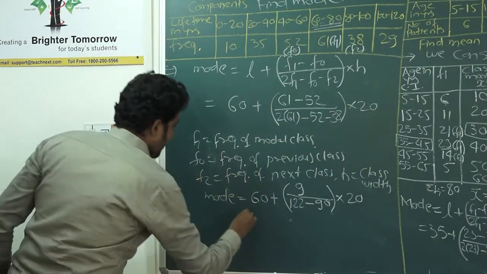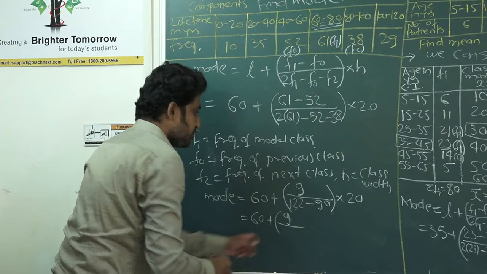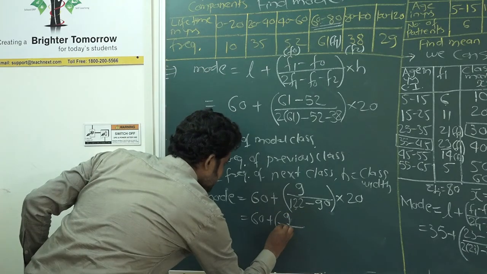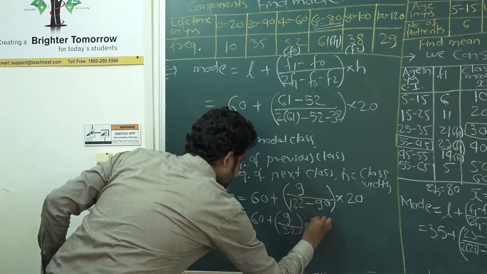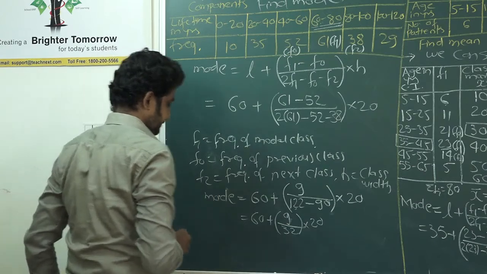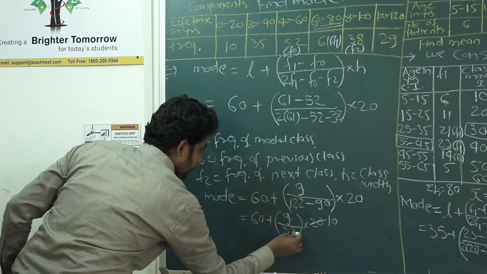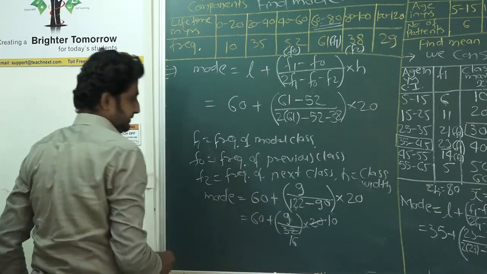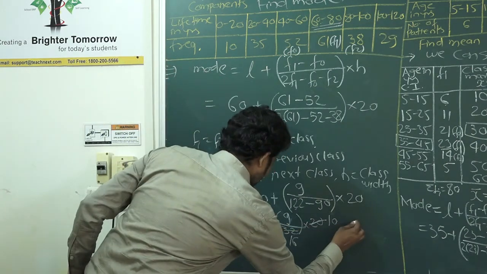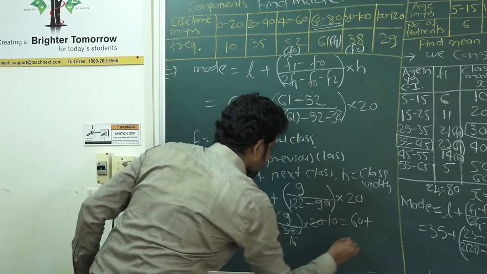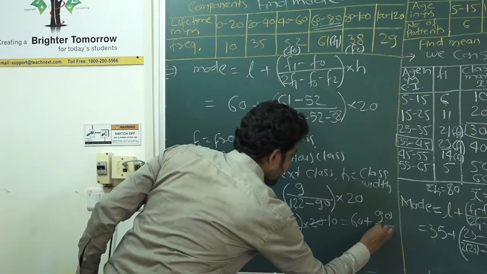Now this is 60 plus 9 upon 122 minus 90, that becomes 32, into 20. Divide this by 2. So we get here 60 plus 10 into 9, that is 90, upon 16.